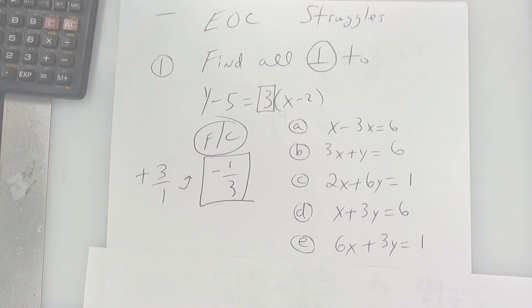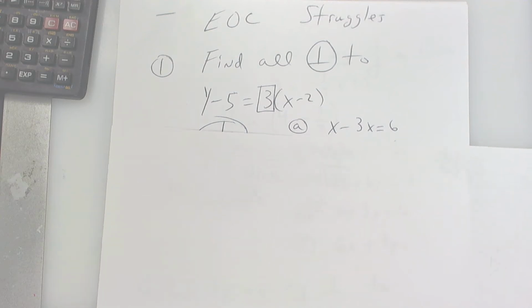Everybody with me? All right, I'm showing you how to do this. Now look here. Look at number 1. Do I know the slope for number 1? Now, I might have copied that one down wrong. Let's see what you have. Okay. We're trying to get y by itself here.